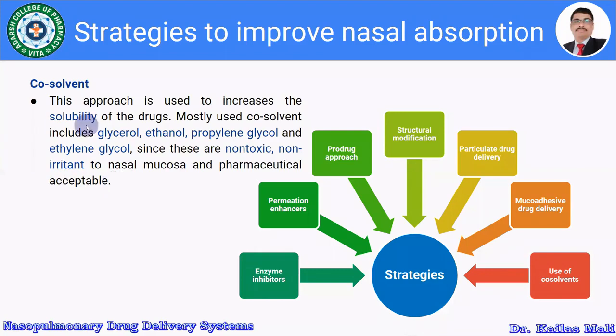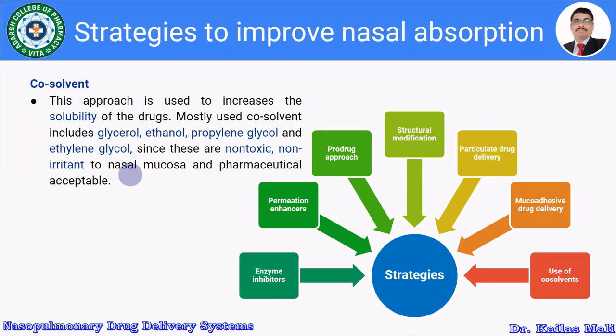So the co-solvent is yet another approach by which we can improve the solubility of the drug and the nasal absorption. So herewith we have finished the strategies to improve the nasal absorption.